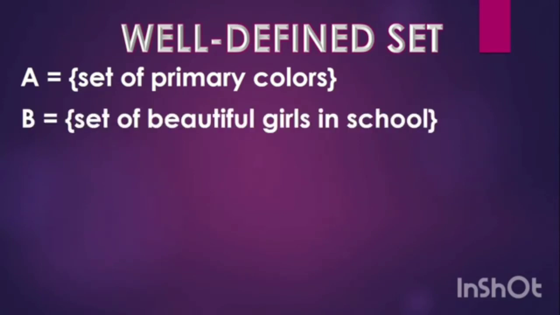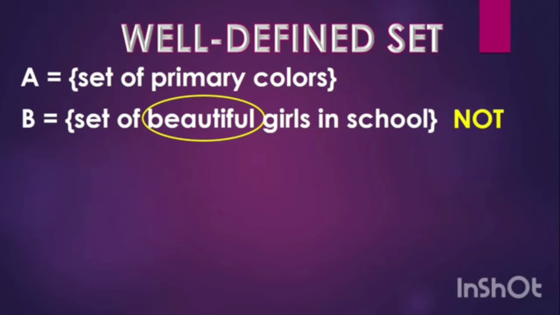Next, set B, set of beautiful girls in school. Okay, this example or this set is not considered well-defined. So this is not a well-defined set. Why? Because of the word beautiful. Okay, so kapag halimbawa, para sa akin, maganda siya.